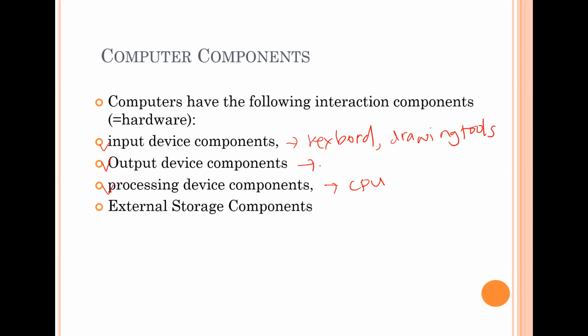And then the output you can see like a printer, something that produces the output. And then the external components, external storage, for example, like USB, flash disk.